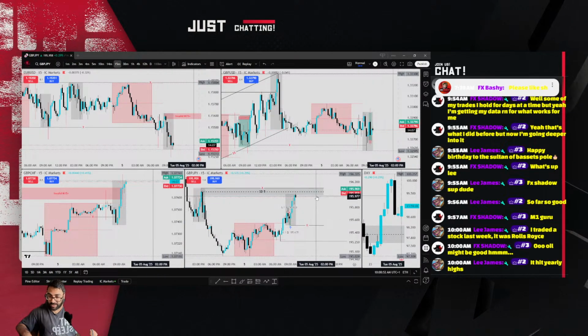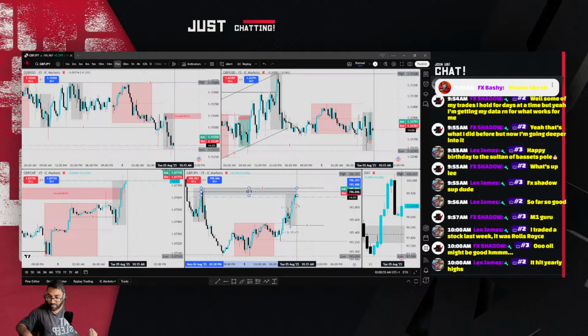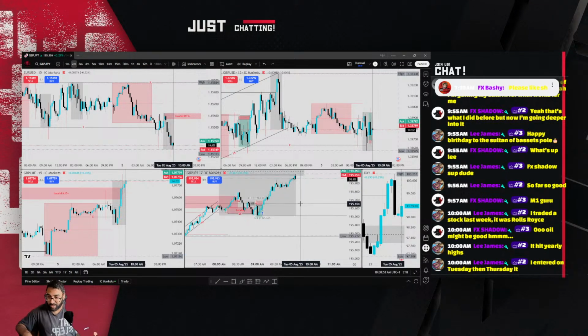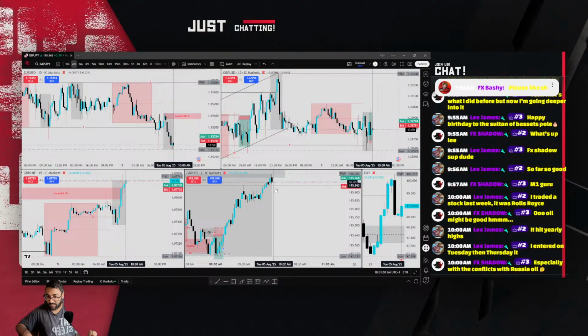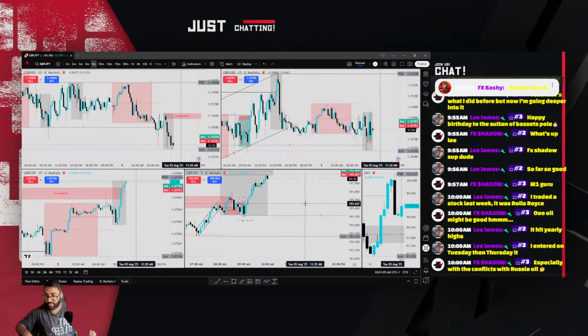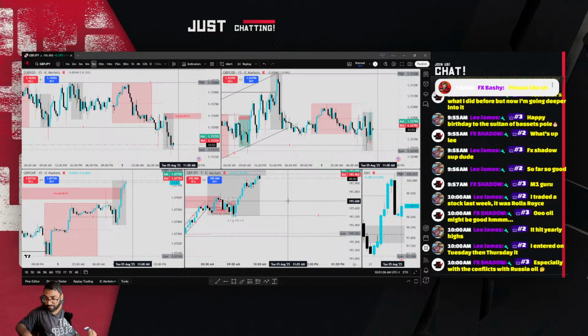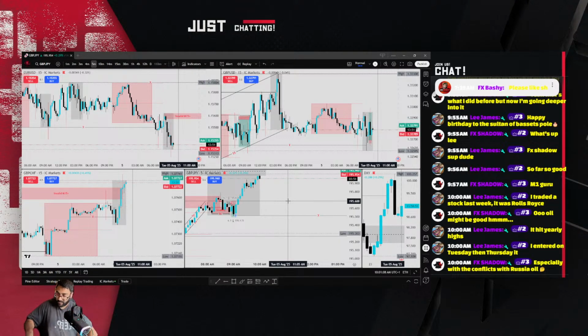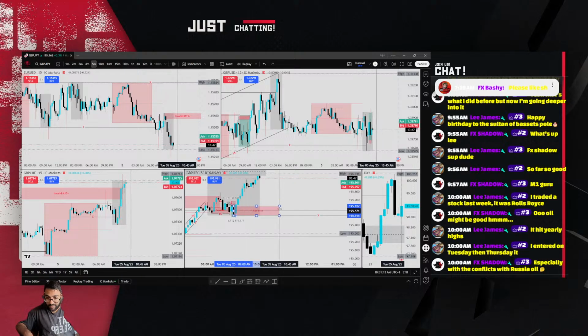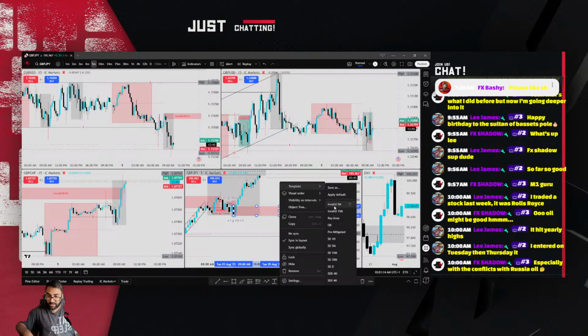Ooh, price is tapping into here. Ooh, what time is it? 10 o'clock. Oh, I need to take mum to an appointment. Oh, this might be a short. Damn it. This zone is still invalid. That zone is still invalid, so I can short that zone.